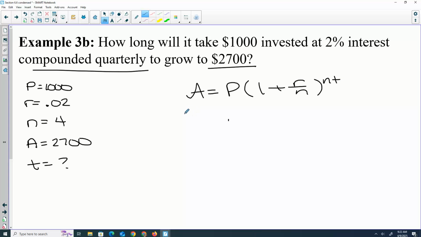A, what is our ending amount? Equals P, what's our beginning amount? Plus r divided by n, to the n times t power, 4t power.